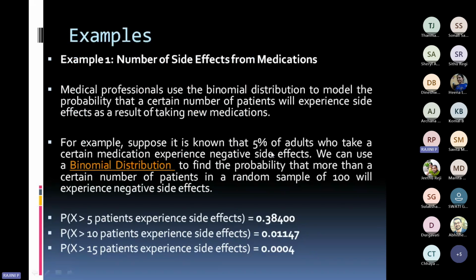So through one particular medicine, 5% of the people experienced negative side effects. Now, by using a medicine, how many possible outcomes are there? Whether it can give a side effect or not. Only two possible outcomes by using that medicine. So here we apply the binomial distribution.